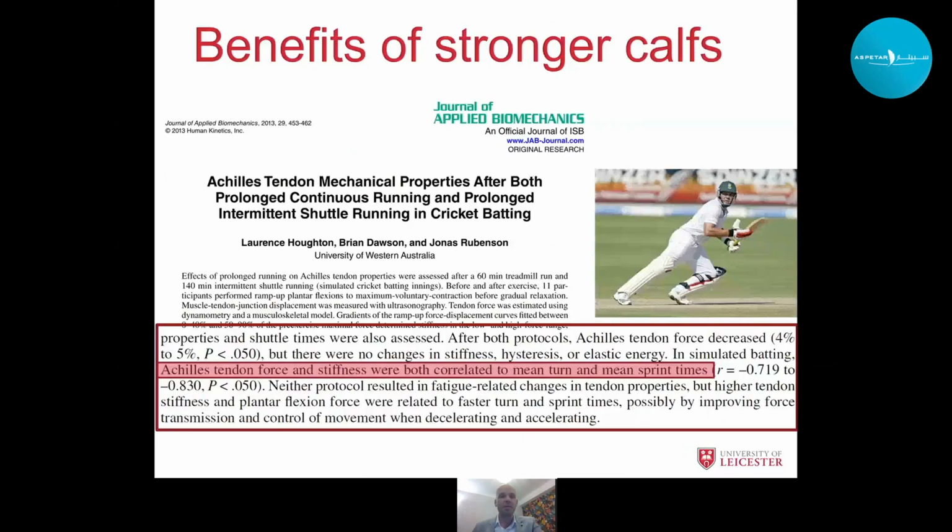Equally, we've got to think about sometimes buy-in. And if we get the calf stronger, we can improve the ability of people to sprint faster, potentially. It's not been done in that way that I've just said. It's been done as an association study. So we do need to intervene and change the strength to see if that works.